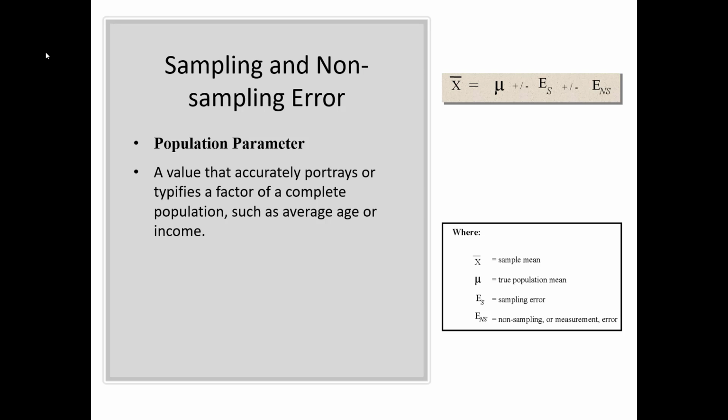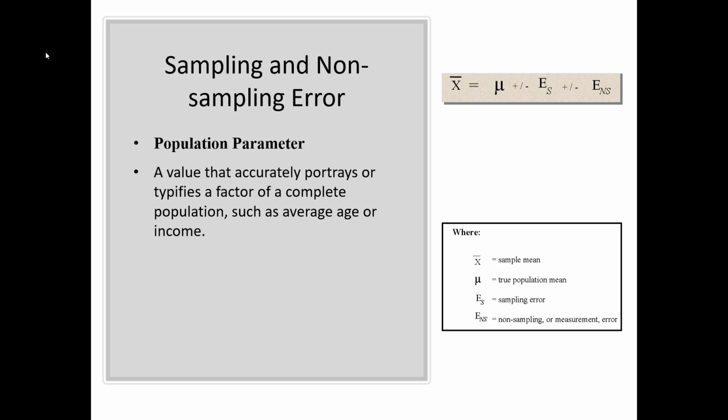Then you have processing error, and if it's a survey, the survey inherently has some problems, such as questionnaire design problems and flow problems associated with measurement, which have nothing to do with sampling itself.